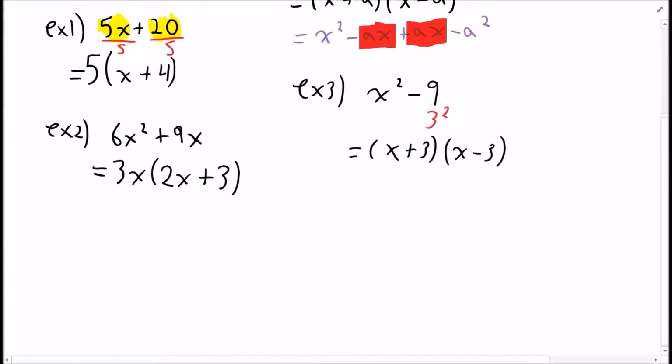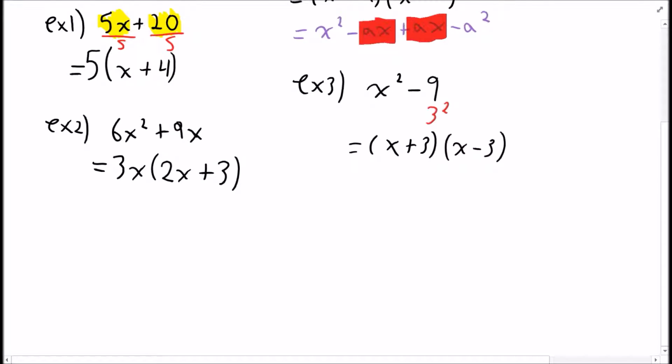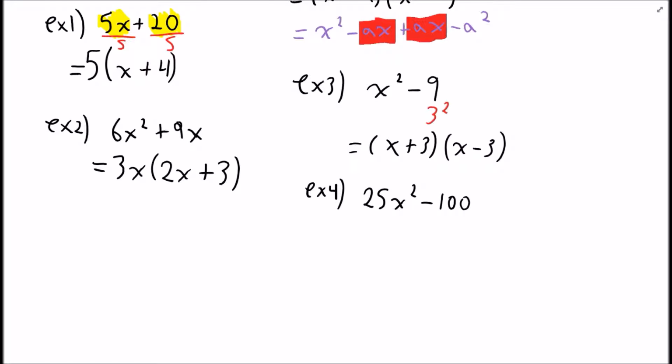Let's do one more like that. Let's see here, 25x squared minus 100. Okay, this time the first term has two things that are squared. There's a 25 and an x squared.